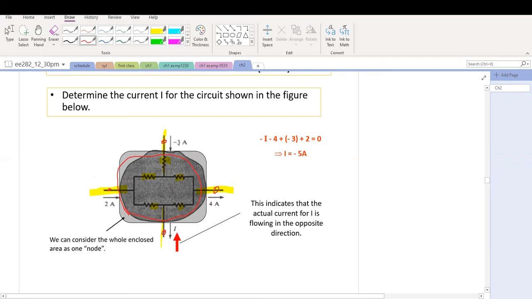This is A, but it flows in, and 2A flows in. Currents flowing in: 2A plus minus 3 equals the currents flowing out of this boundary, which will be 4 plus I. What is I? I equals, this is minus 1 and 4, that's minus 5.